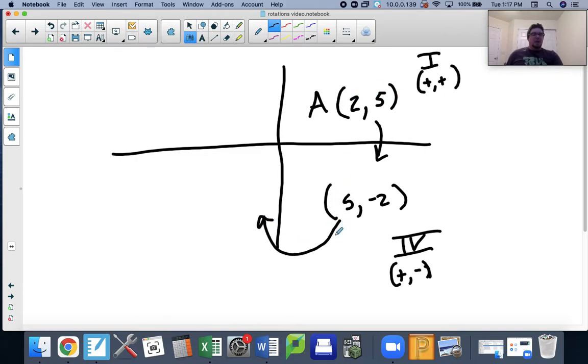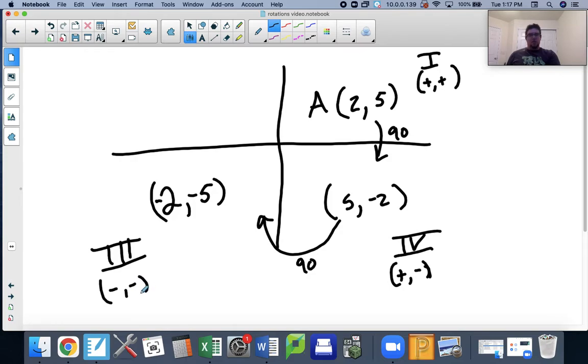We repeat another 90 degrees right here. So we went 90, here's another 90. We're back to having 2 and 5 in that order, but they're both negative because in quadrant 3, everybody's negative. Another 90 degrees. We're back at 5, 2.